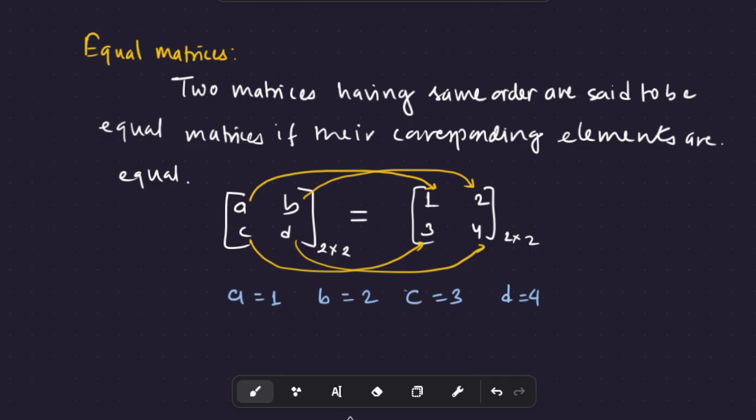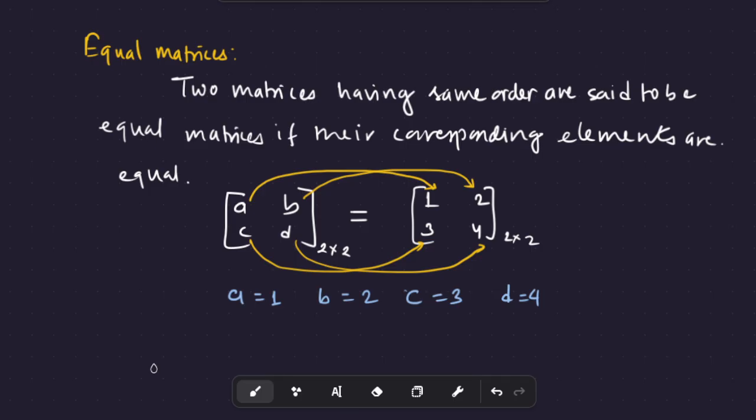It means if the corresponding elements of any two matrices are equal, then those matrices are said to be equal matrices, or conversely we can say if the two matrices are equal, then their corresponding elements are also equal. Both relations will exist.